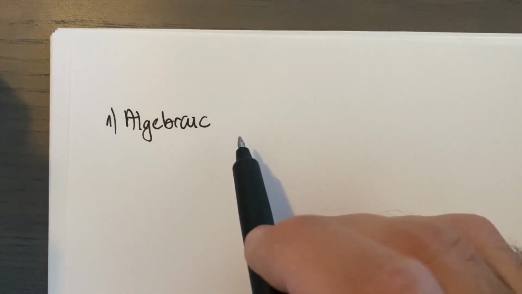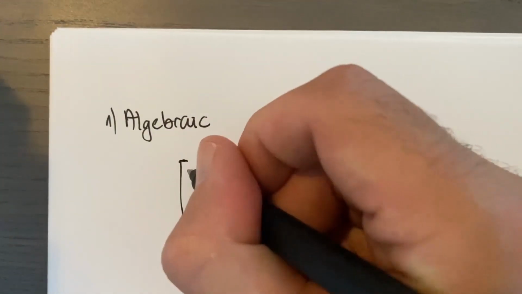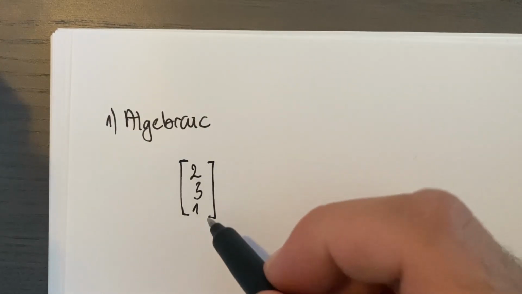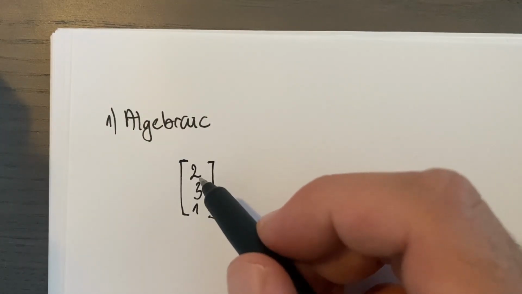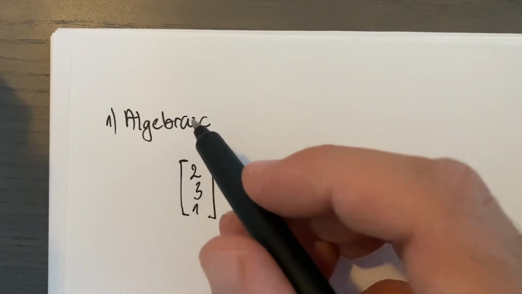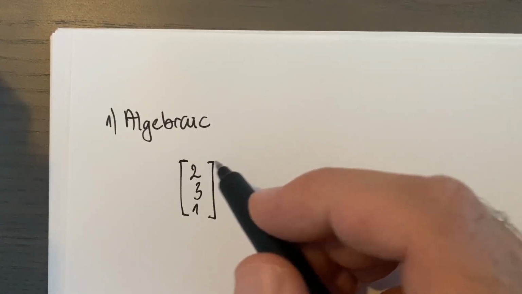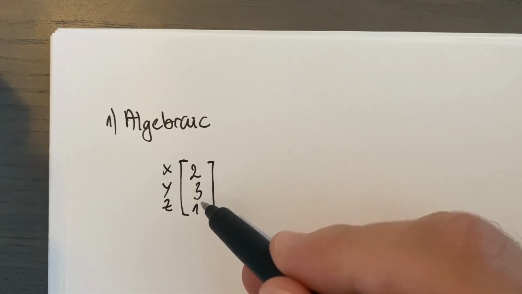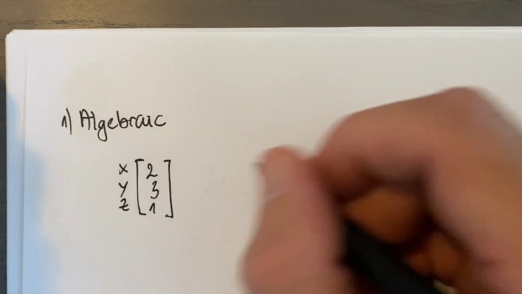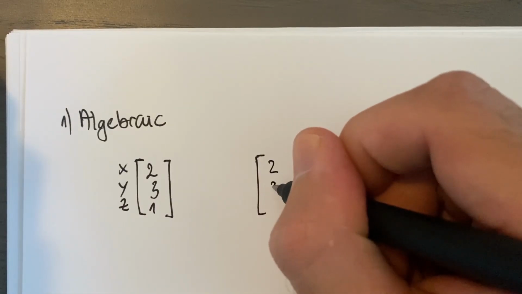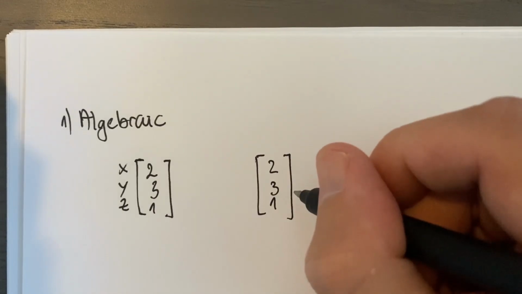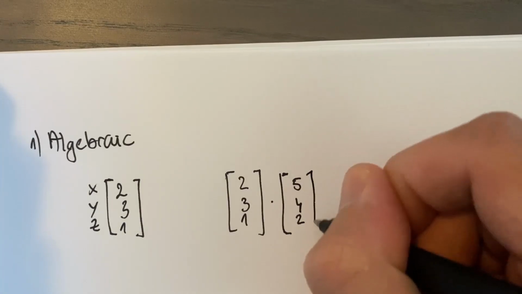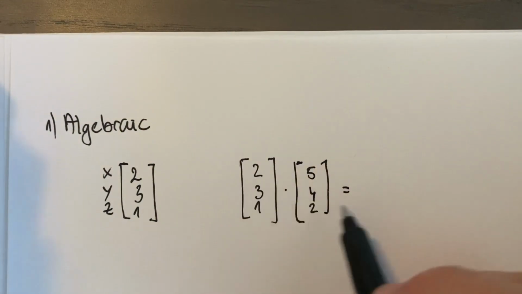So algebraically speaking, if we just define them as matrices, you have a vector that looks like this. It's just a vector, contains three numbers. These three numbers indicate the position of your vector, or point, if you will, in your 3D space, which means that this is x, this is y, and this is z, pretty much. If you want to do dot product between two vectors, you have, let's say, this vector, the same one, and you do dot product against another one.